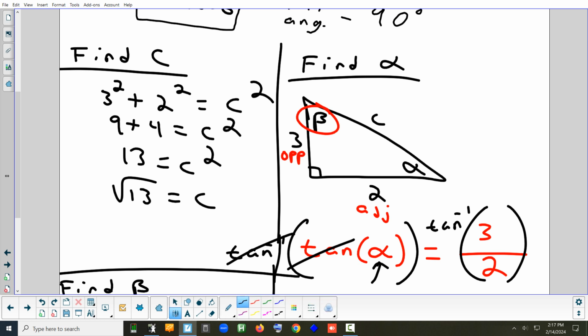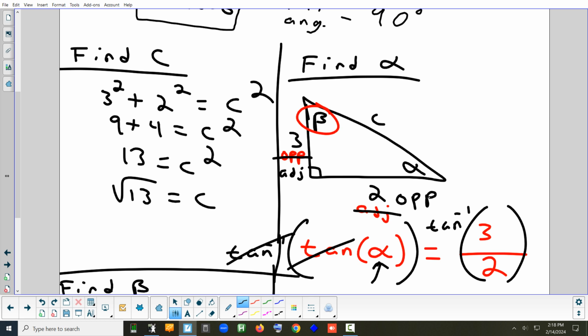Change values. Those names don't apply anymore because you're at a different spot in the triangle. You're at beta. What's side 3 now? Adjacent. And what's the side that's 2? Opposite. So you're still using opposite and adjacent, but they've switched.